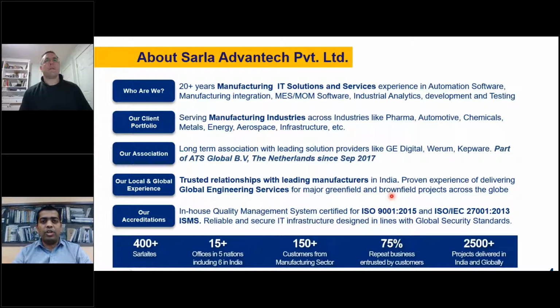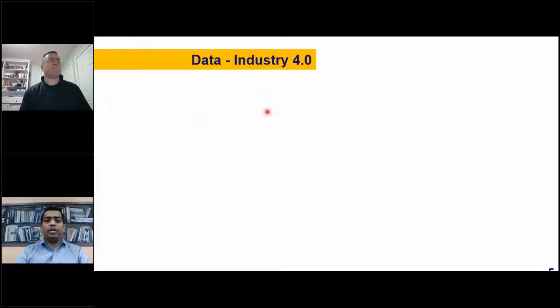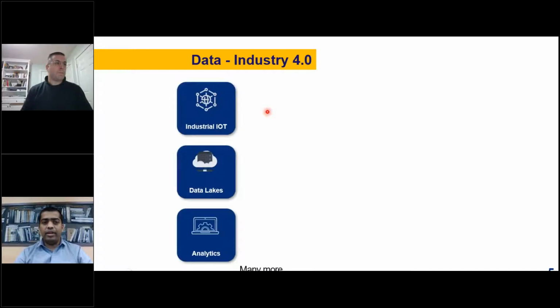While discussing with many of our customers, there are a lot of challenges related to the data they face. This comes especially when they try to build new types of solutions, like industrial IoT solutions for remote monitoring systems and multi-plant visualization. They do data lake applications, and there are analytics applications that need to be done.